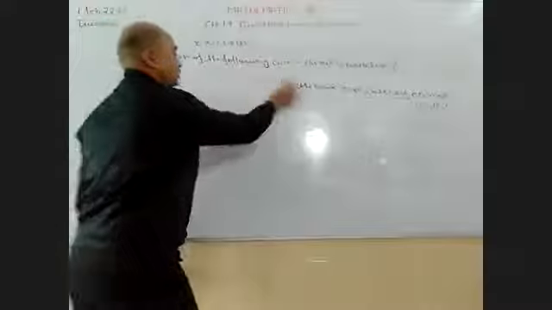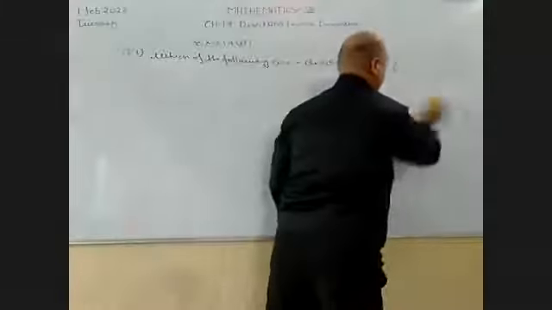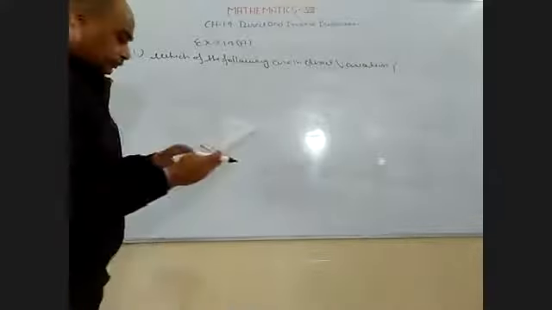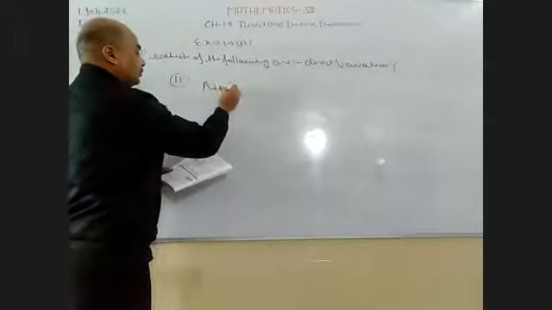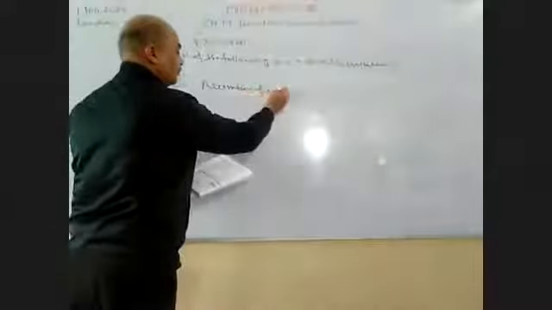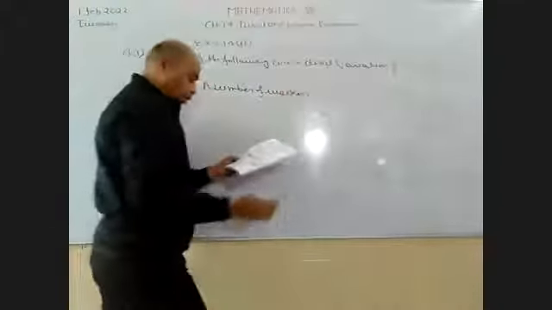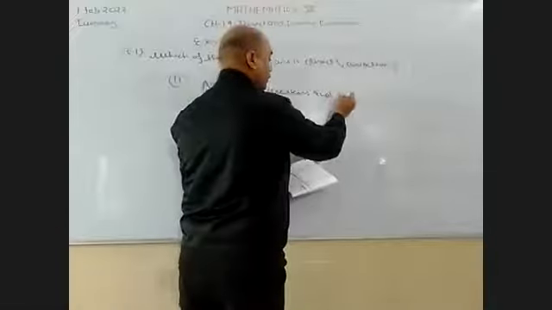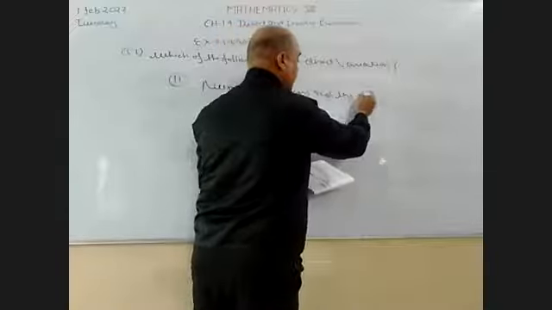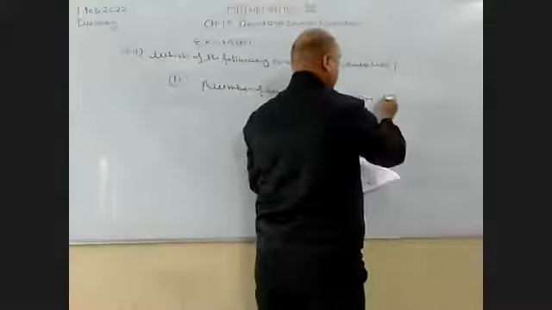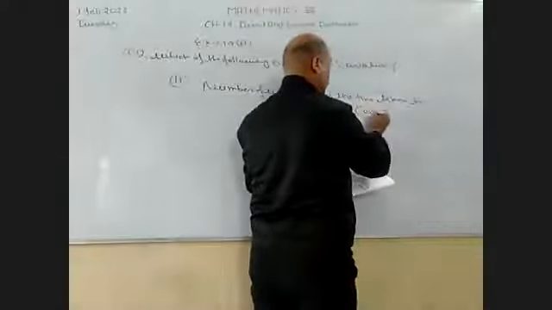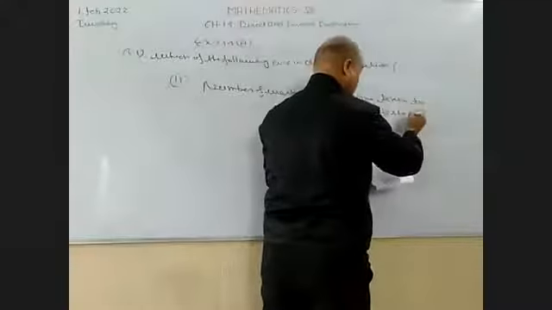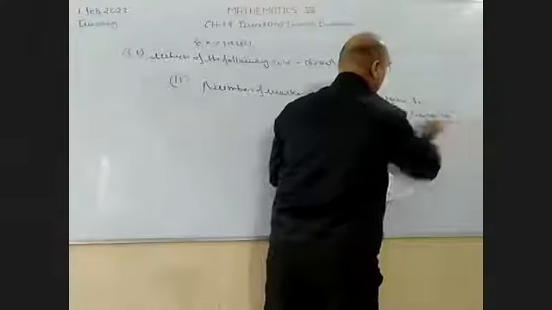Now the second part. Check what is given in the second part. In the second part it is given: number of workers and the time taken to complete work.